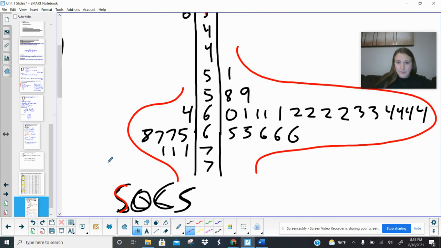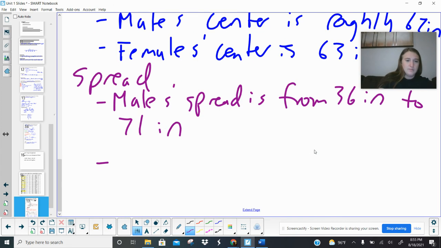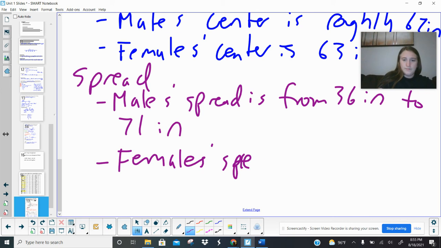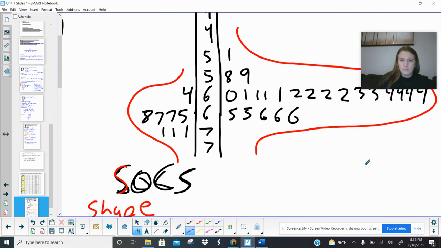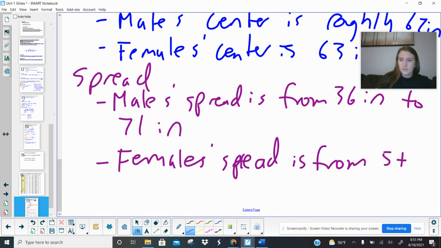And the female spread is 51 to 66. Oops, I said 51. 51 inches to 66. There we go.